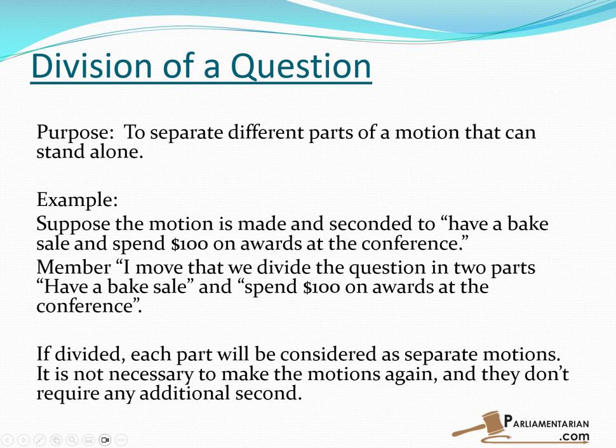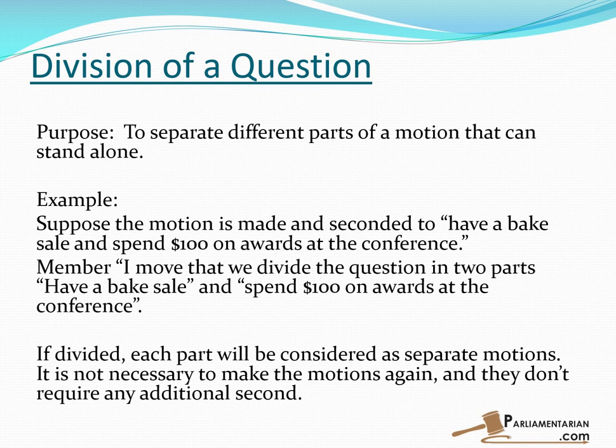So as you can see, with the division of a question, where you can get in trouble is if you are trying to divide something that isn't divisible, or if you have something that's obviously divisible. There is an exception to the rule that under certain circumstances, the question must be divided upon the demand of a single member.